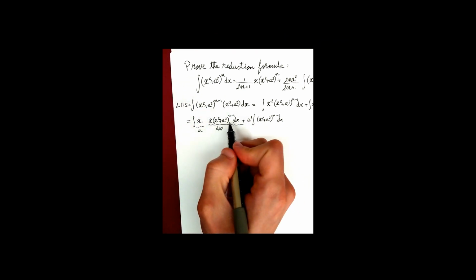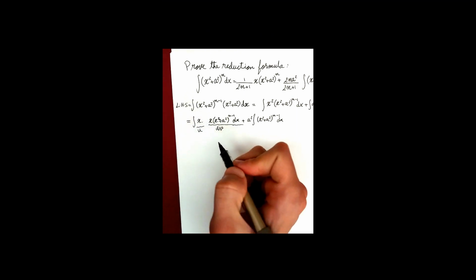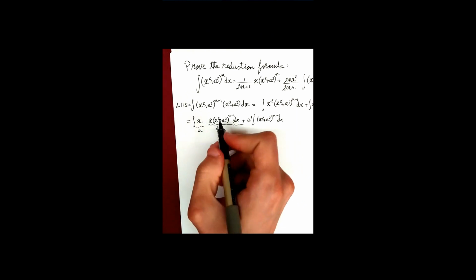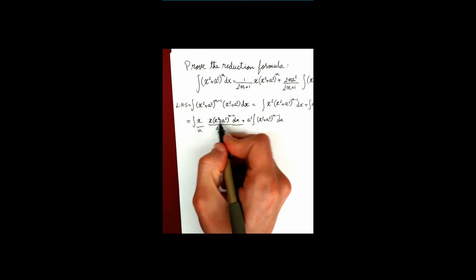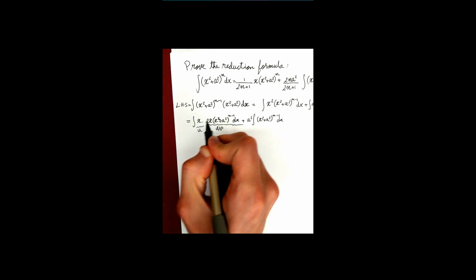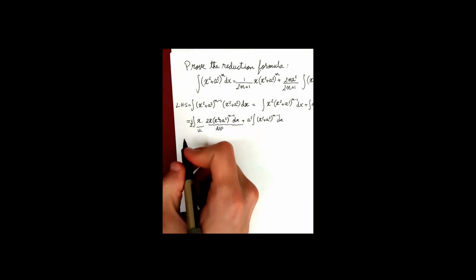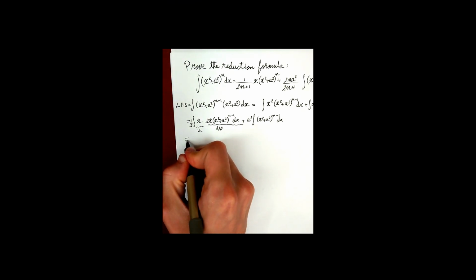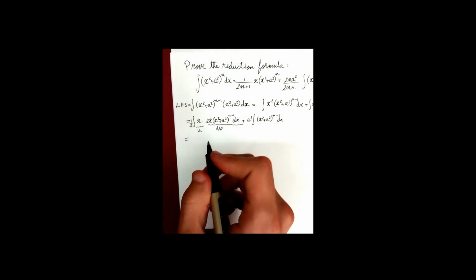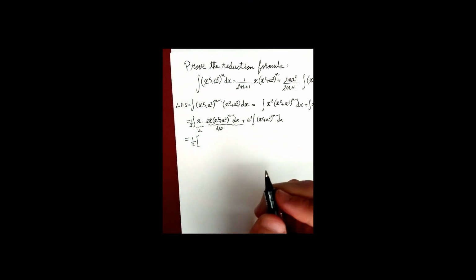And as you can see, I chose the x to be among the dv because the differentiation of the function inside the bracket is 2x, so we are missing a 2 here, and we can remove it again by multiplying by half. So half multiply this integration by parts.